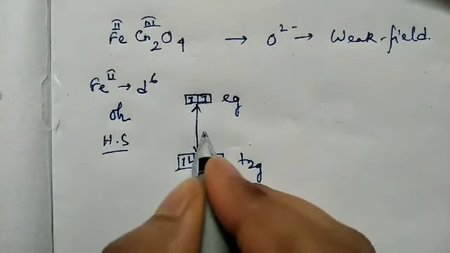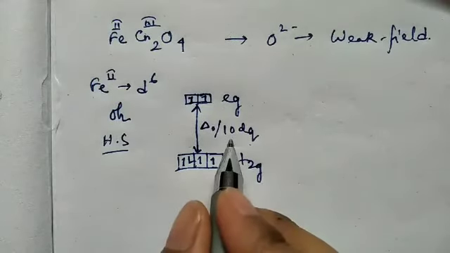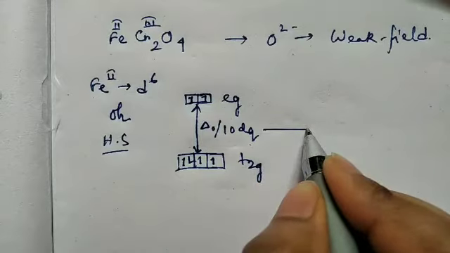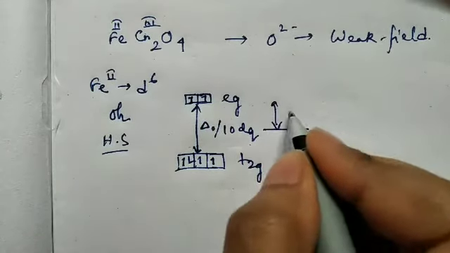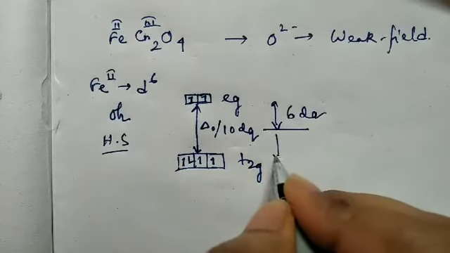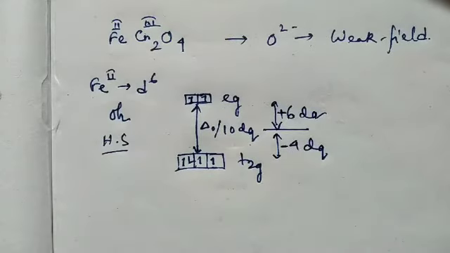See, this value is delta-o, or 10 Dq. I'll tell you to take it as 10 Dq so that the calculation will be easy. So this is the barycenter. Then this will be 6 Dq and this will be 4 Dq: minus 4 Dq and plus 6 Dq. You know that.